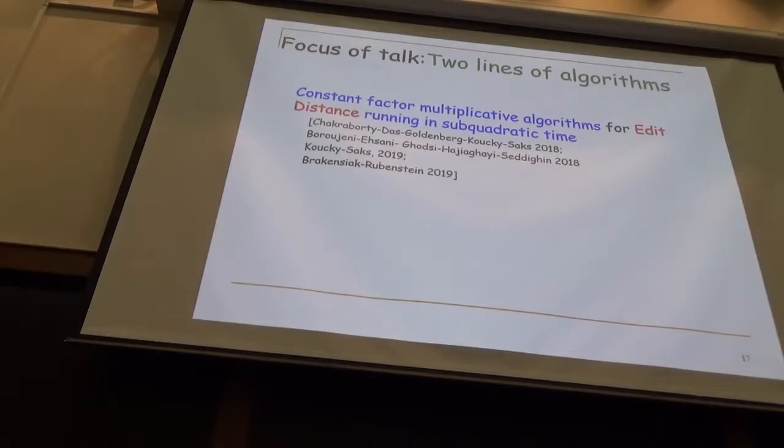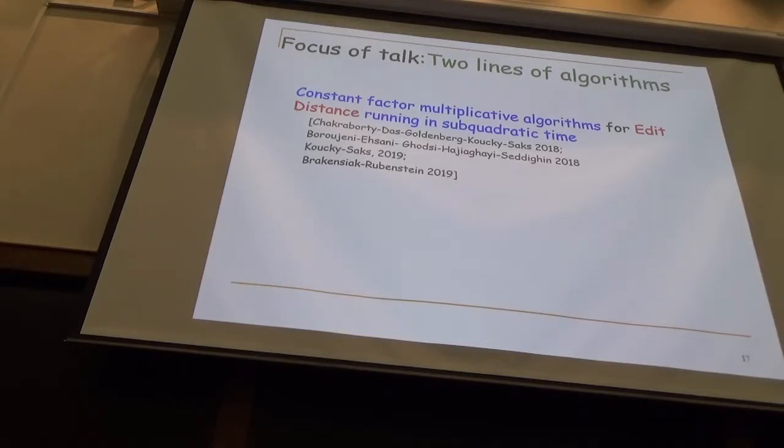And then there's follow-up work of Michal and I, and Rakensiak and Rubinstein, where in the original paper, the running time of our algorithm is something better than quadratic. It's n to the 12/7. As I'll mention, there was an improvement of that by Alex and Domi, who spoke yesterday, to n to the 3/2.